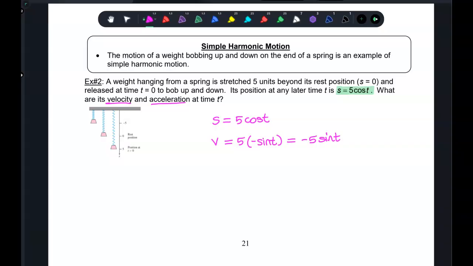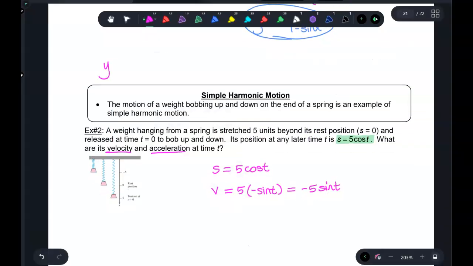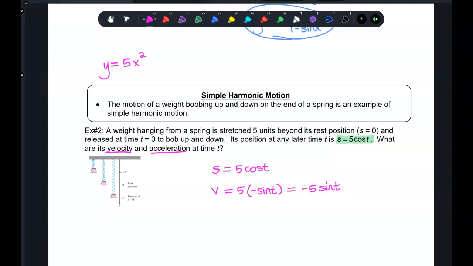Why would the 5 go away? If you were to do the derivative, let's say it was 5x squared, do we get rid of the 5? No. The 5 just gets multiplied by the derivative, 2x. It doesn't go anywhere.